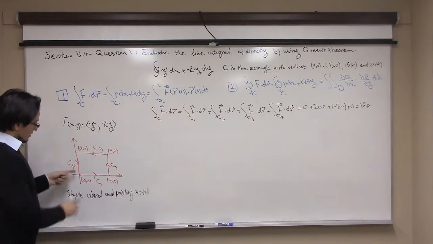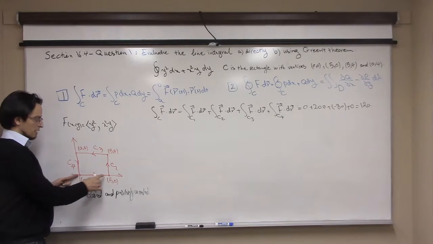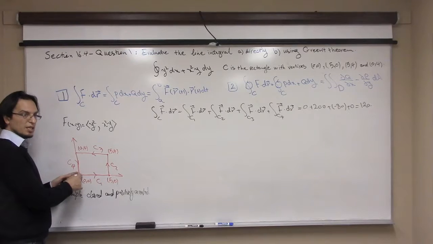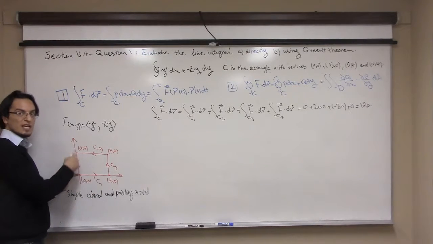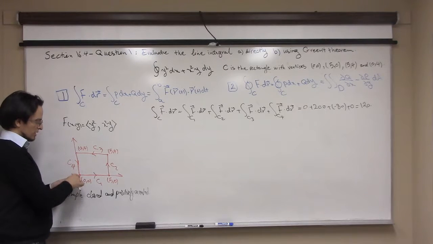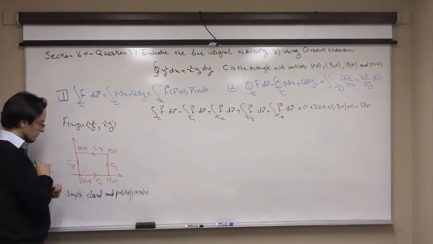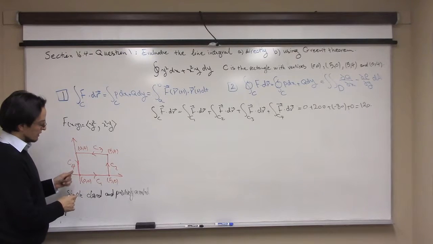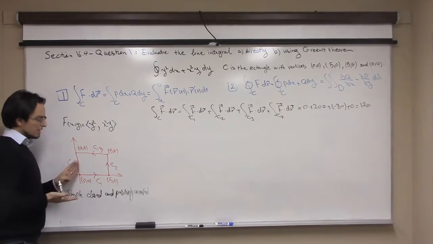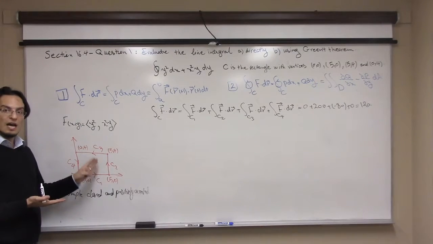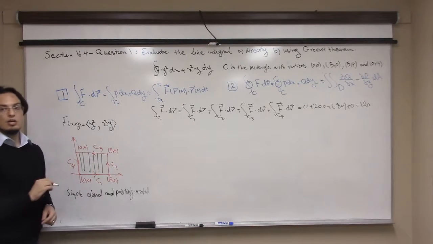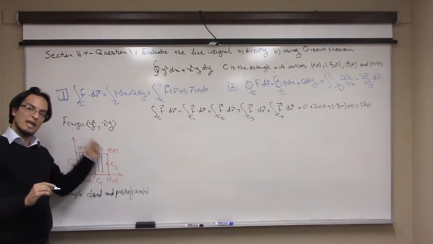curve. In our case, it is closed. That's a good part. Simple means the curve doesn't intersect itself except at the end point. So it doesn't intersect itself. That's simple. And positively oriented means if you move along the direction then the region inside the curve, in this case this, should always stay on your left.